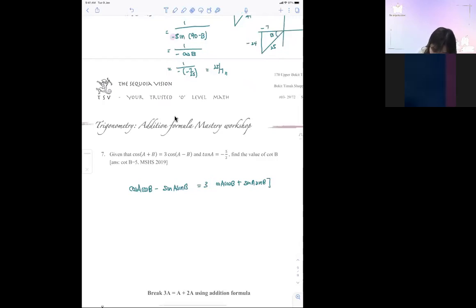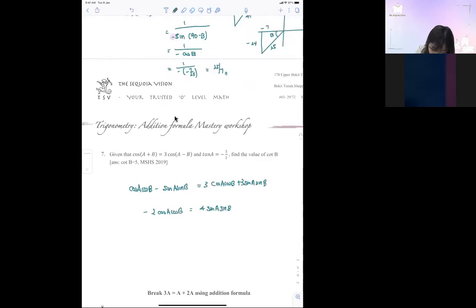So we have 3 cosine A cosine B minus 3 sine A sine B, then cosine on one side, sine on the other side. So minus 2 cosine A cosine B equals 4 sine A sine B.